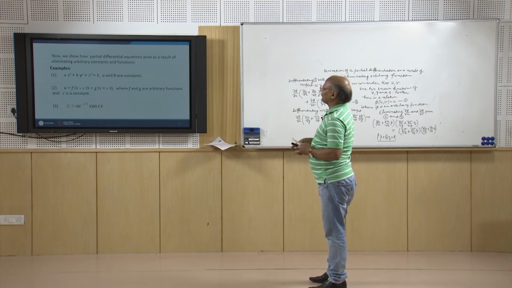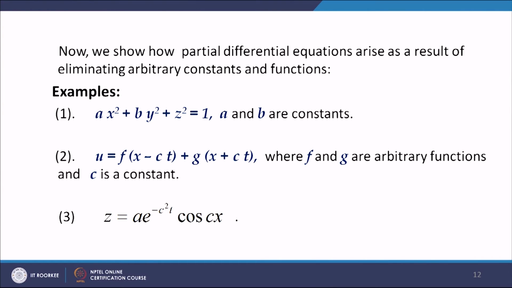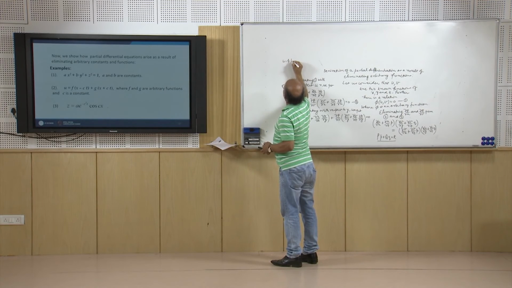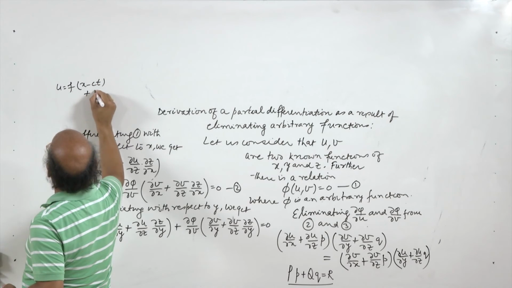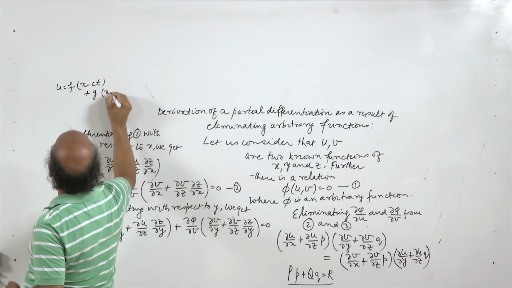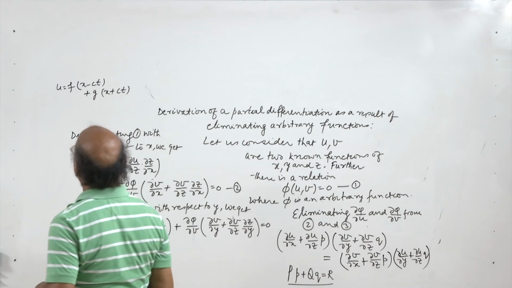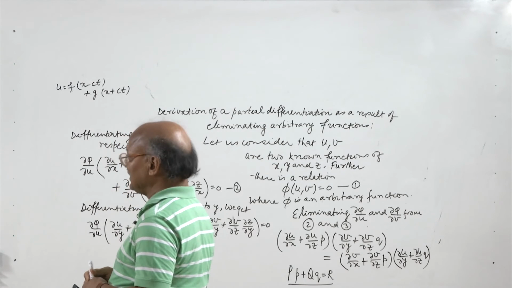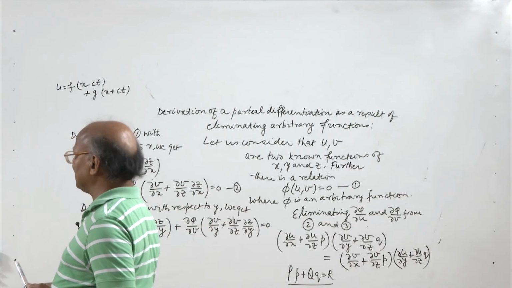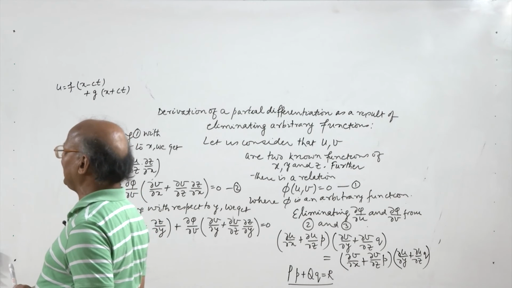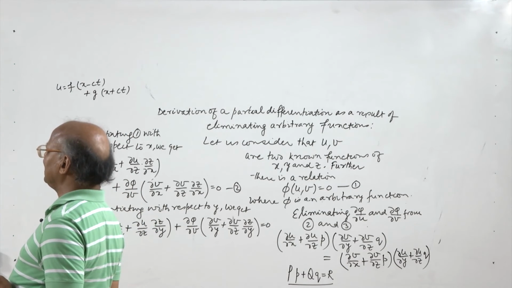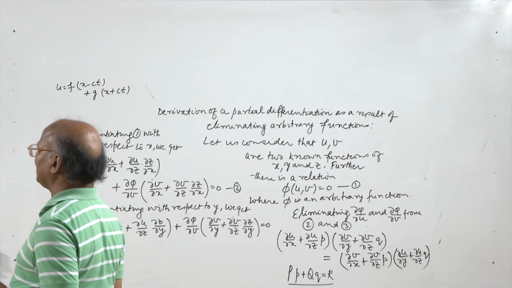So, when you take, say for example, u equal to f(x minus ct) plus g(x plus ct), when you eliminate the two arbitrary functions f and g here, you will arrive at a second order differential equation. This will lead you to a second order differential equation, and similarly here when you take the third case z equal to a e to the power minus c²t cos cx, here there are two arbitrary constants a and c.